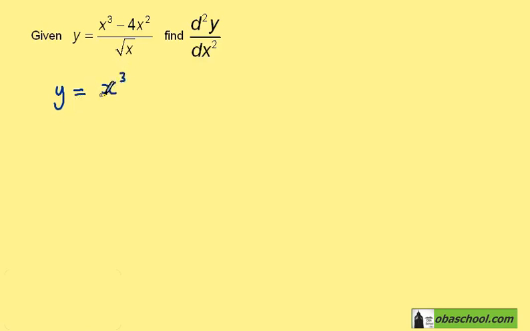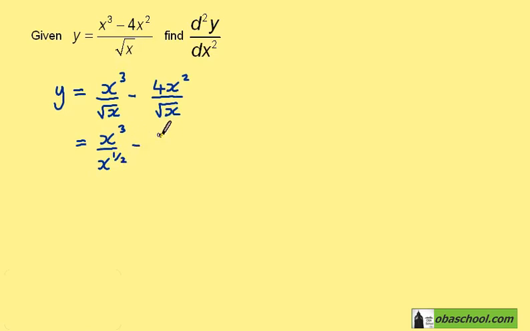Splitting the fraction gives x cubed over root x, and then we get minus 4x squared over root x. We need to express root x as an index, and we should know that root x is x to the power 1/2.